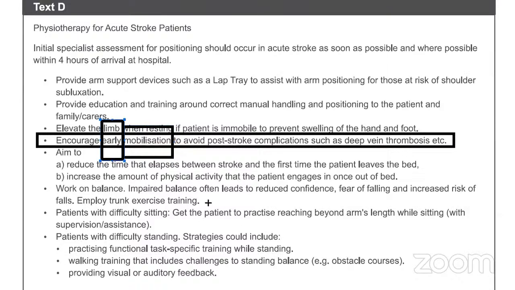Complications word is here. Encourage early mobilization to avoid post-stroke complications such as deep vein thrombosis. So DVT, this is the answer. Such as means example. Deep vein thrombosis and many others, but only one is given, that is deep vein thrombosis. Write it as it is.